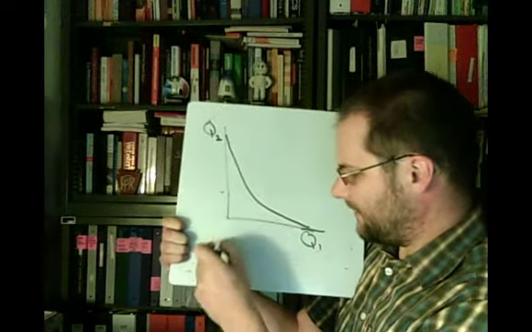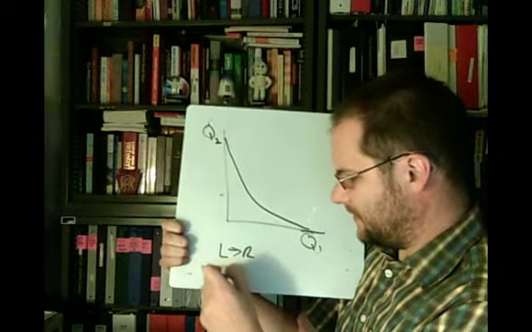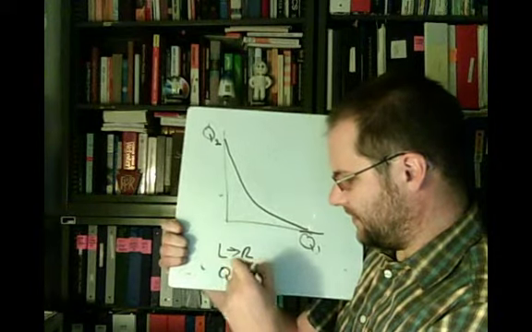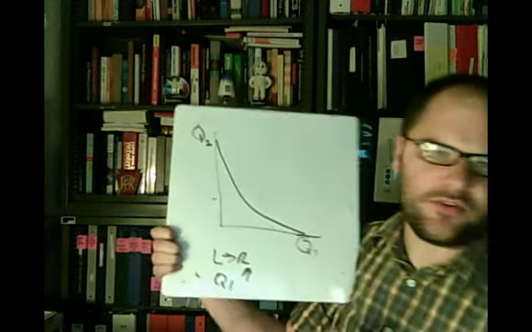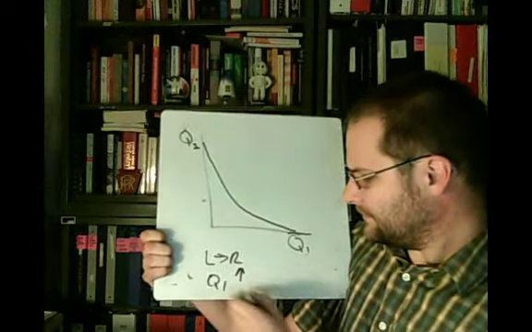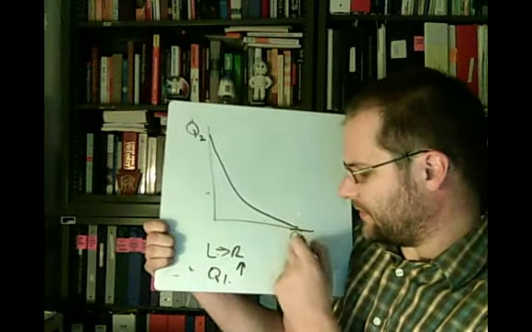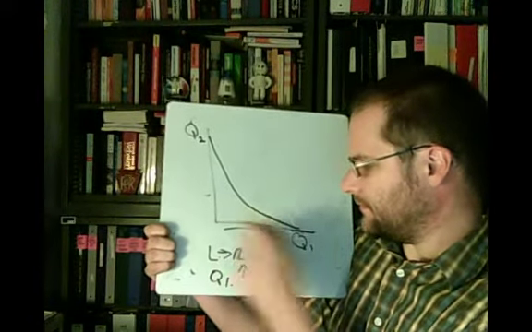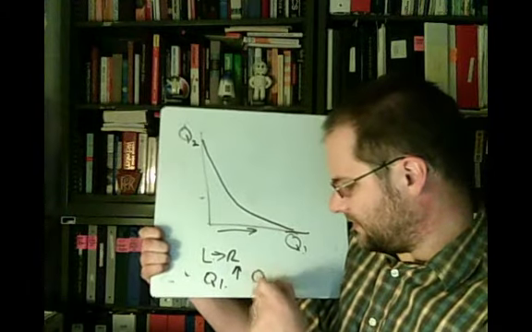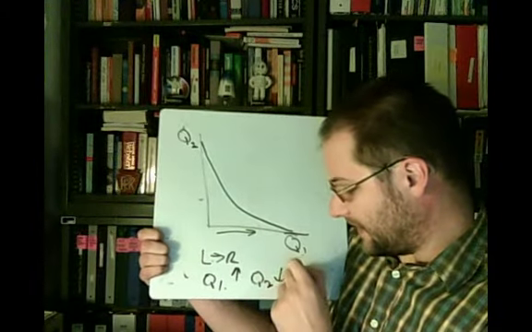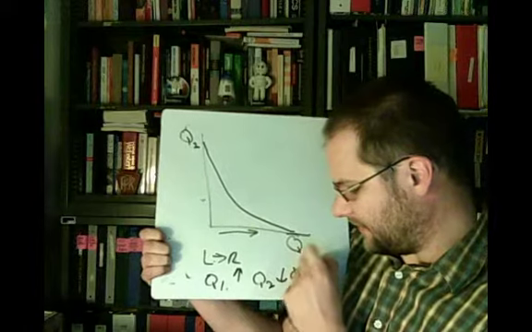Now, from left to right, quantity of good 1 would be increasing. I kind of switched the 1s and 2s, I realize now. From left to right, the quantity of good 1 would be increasing, and quantity of good 2 would be falling, however, at a decreasing rate.